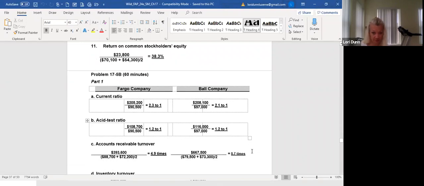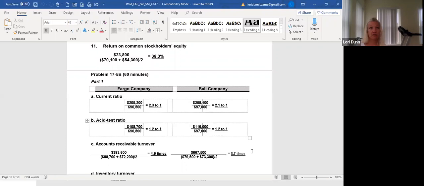Ooh, look at this one. Wow. Accounts receivable turnover. The formula is net sales divided by average accounts receivables, net. So net sales for Fargo will come off of their income statement, $393,600, divided by the average accounts receivables for the year.